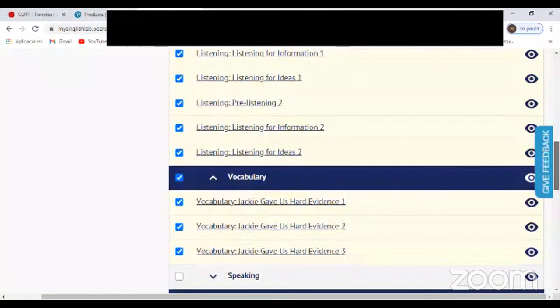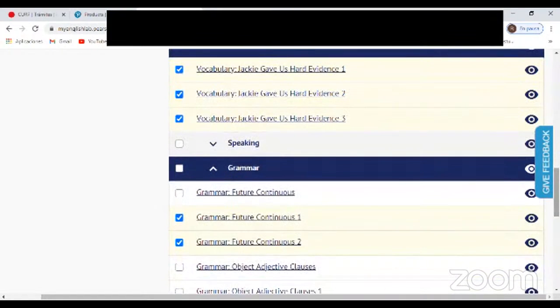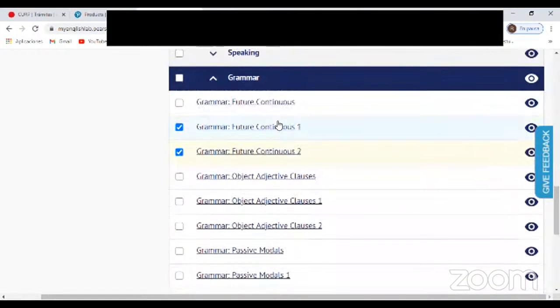The activities that we did as a group, all you have to do is select the correct answer. Remember, I sent the correct answers on WhatsApp. There were 4 activities, and for the moment, work on these 2 activities. Future continuous.